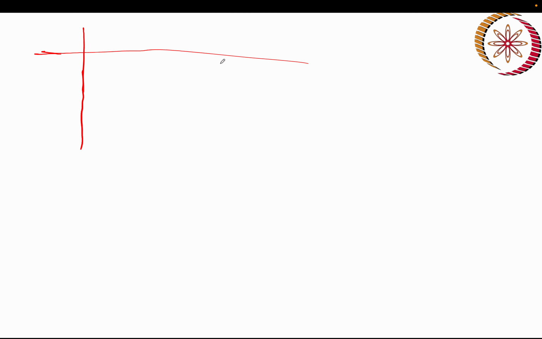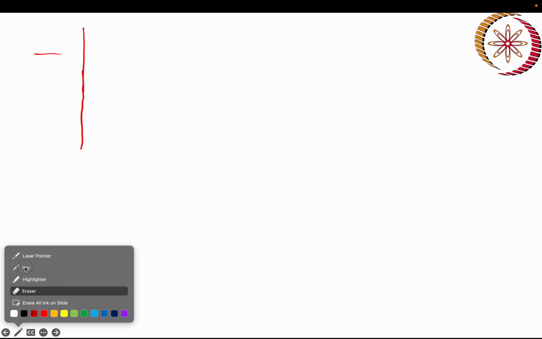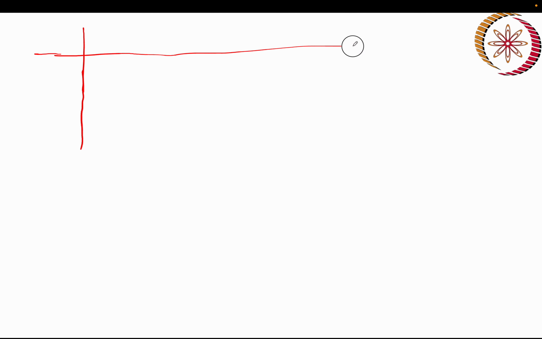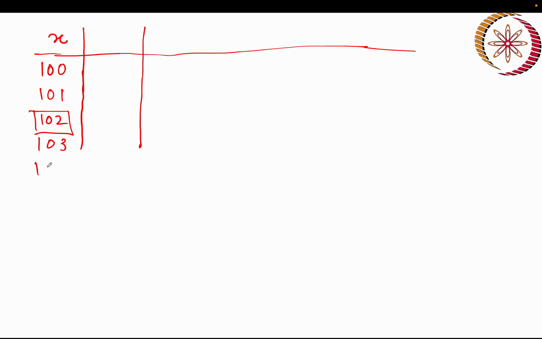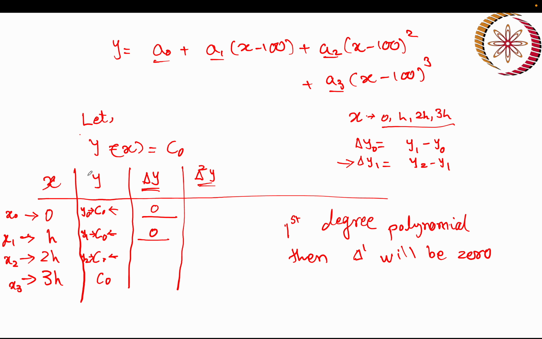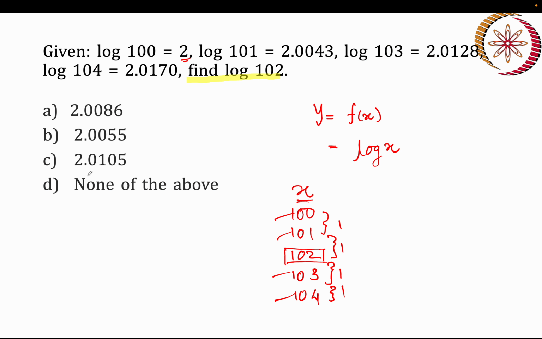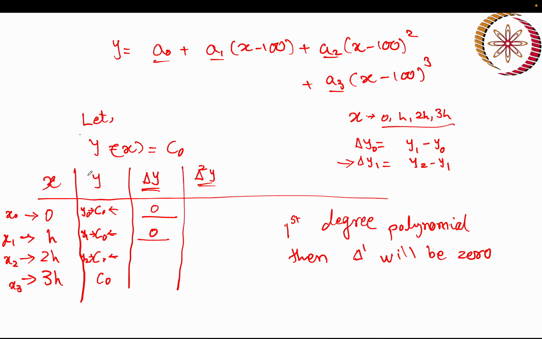So what we will do is we have the table already, the values are given. So the x values are given: 100, 101, 102 is what we are supposed to find out, 103 and 104. Okay, so these values are given. So at 100, the value given is 2.